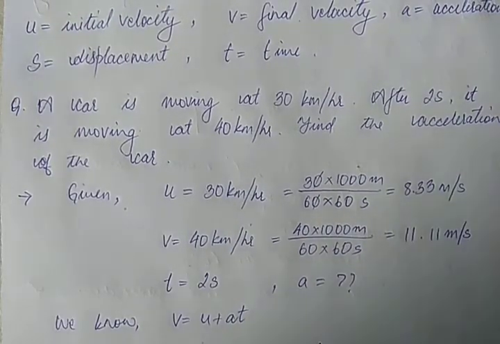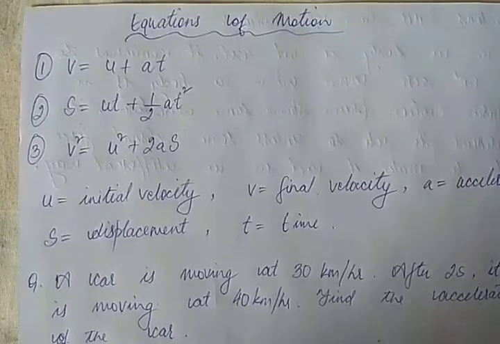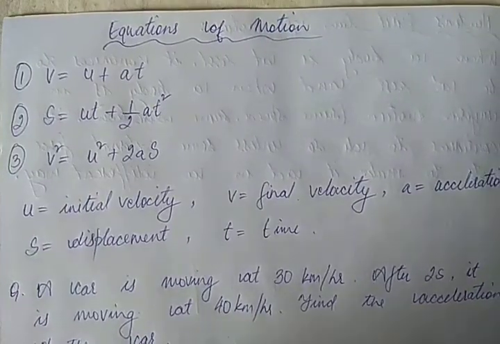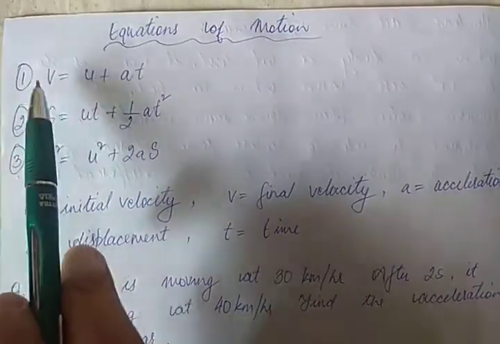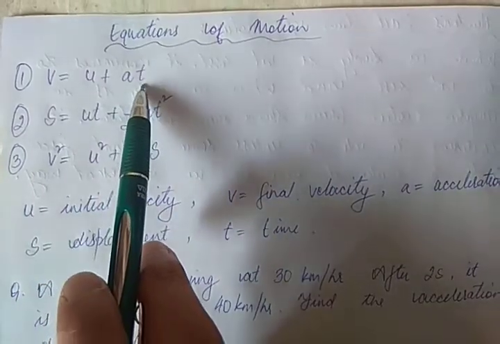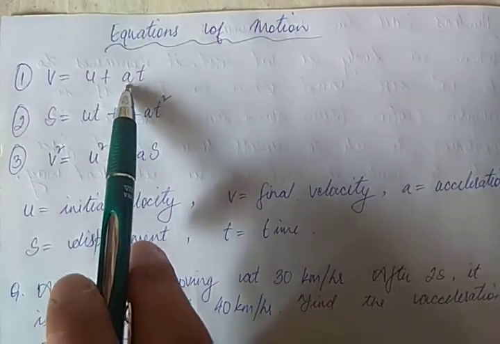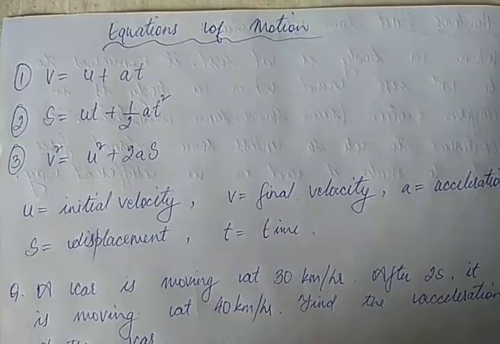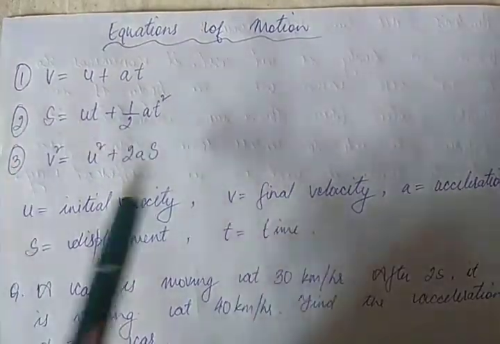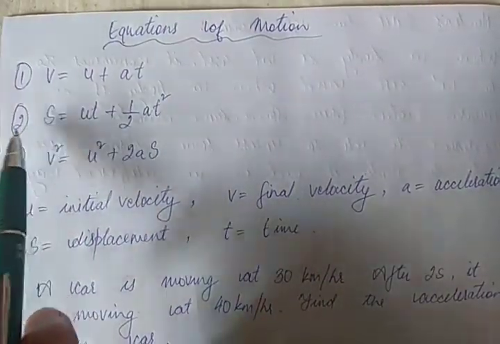Now, what will we use? Looking at the three equations of motion in this particular question, final velocity is given to us, initial velocity is given to us, time is given to us. We are required to find the acceleration. Had displacement been given, we could have used the second equation also.